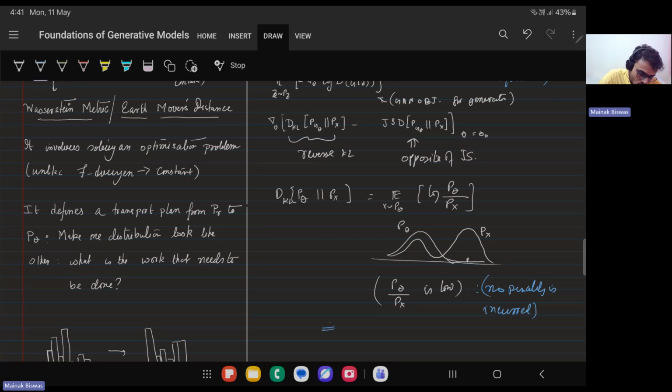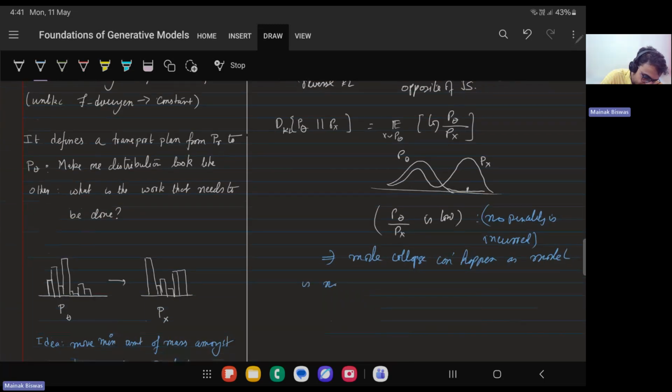So therefore, mode collapse is bound to happen, as the model is not forced to cover all support of p_x. So this is the problem with the reverse KL, which is there in the Goodfellow implementation.